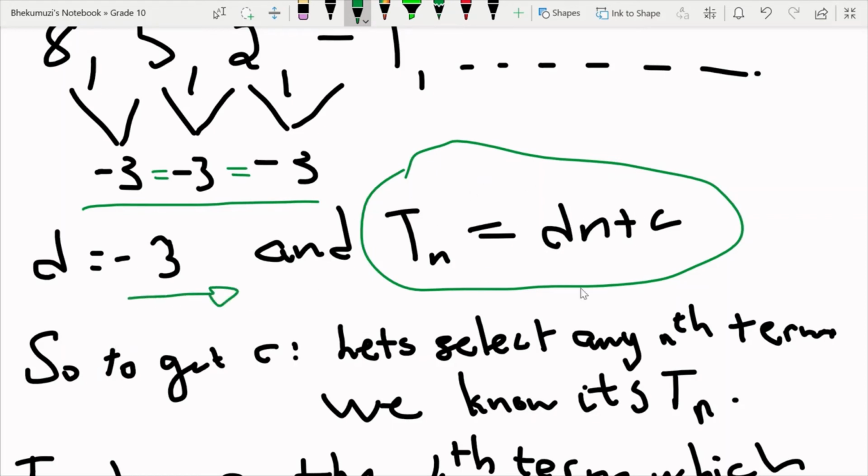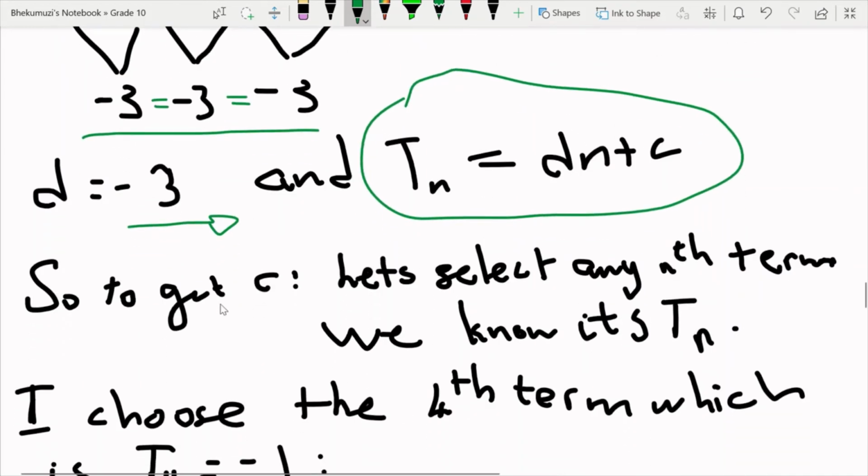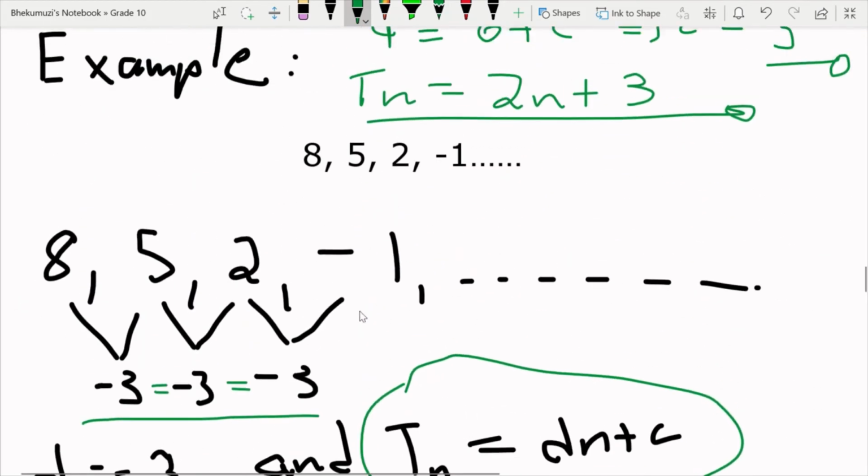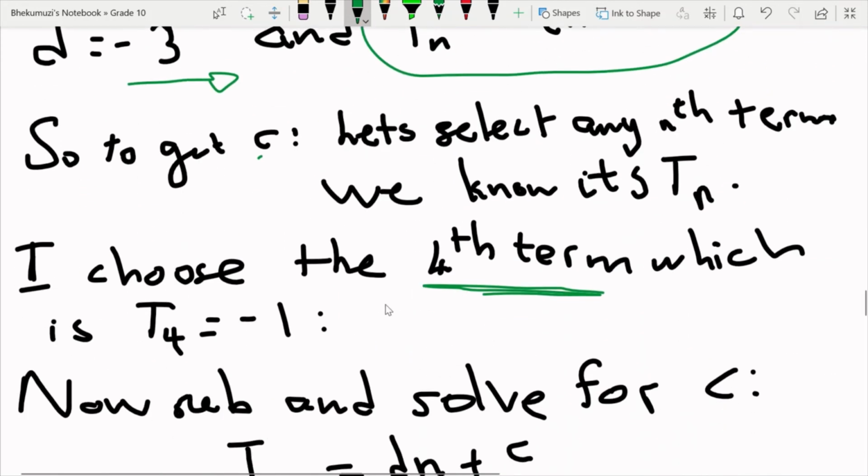And once we start using this formula, we want to get c, right? So now what we do, you can select any nth term we know. It's Tn, right? So for me, I chose the fourth term, and the fourth term here is -1. I chose the fourth term where the T of 4 is equal to -1.